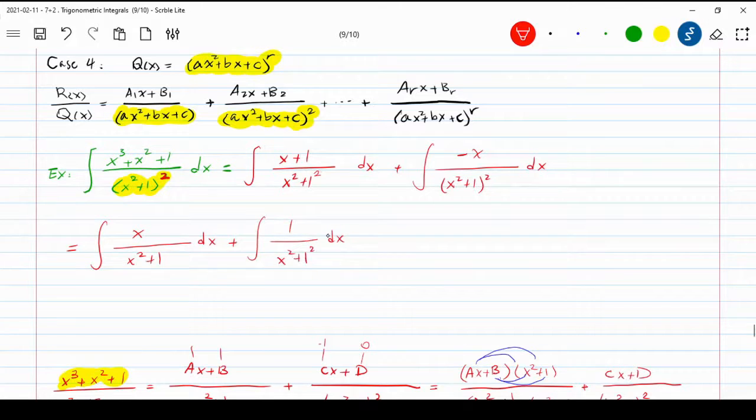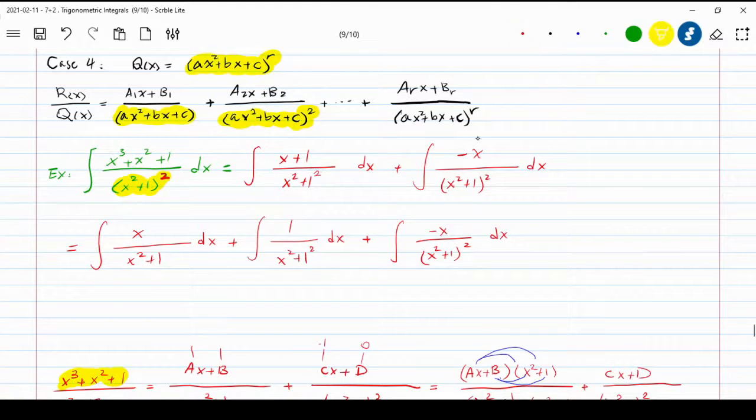I'm writing it in this way so you can see where I'm going with this. The other term, since the denominator is squared, I'm just going to keep it as it is. It requires a substitution. Negative x over x squared plus 1 squared.